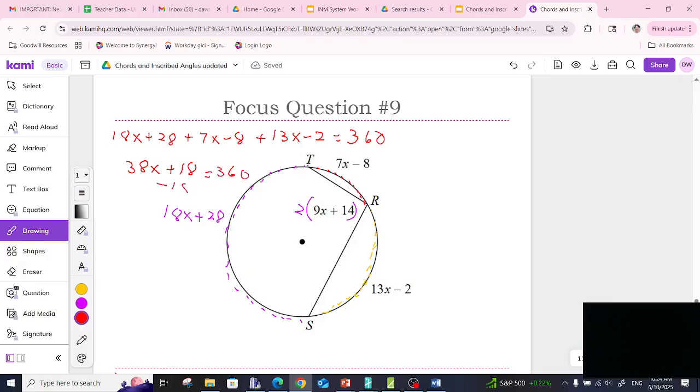Now you would subtract 18 on both sides. That would be 342. Divide that by 38.